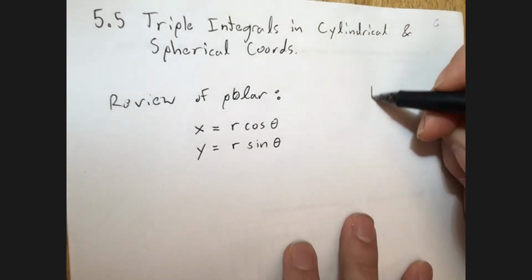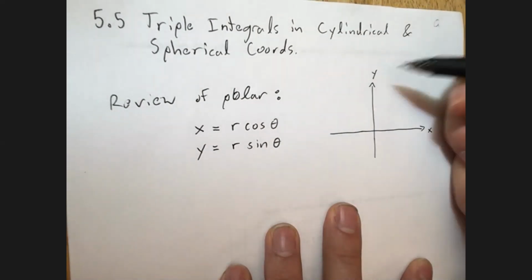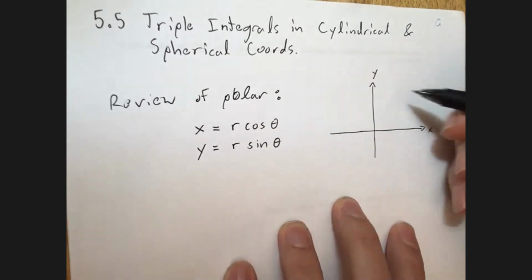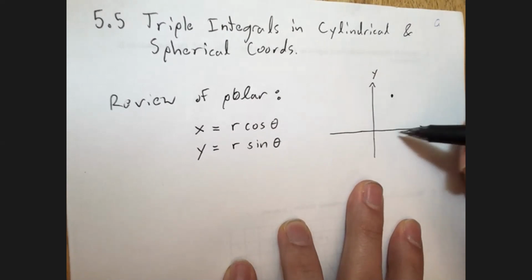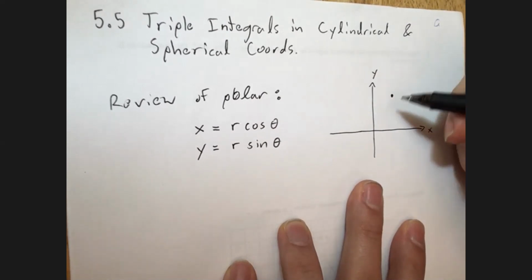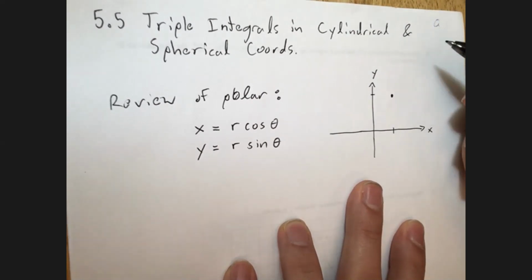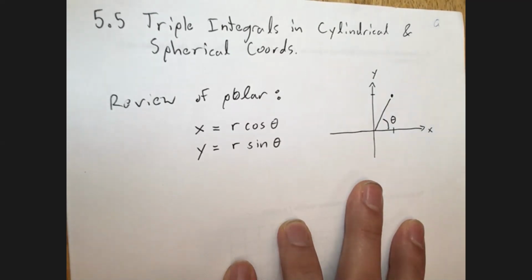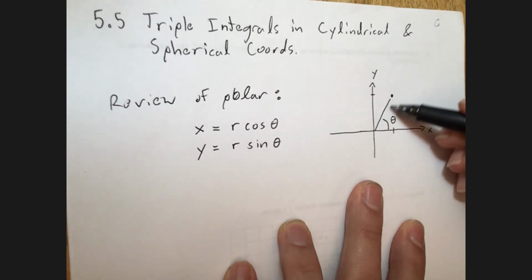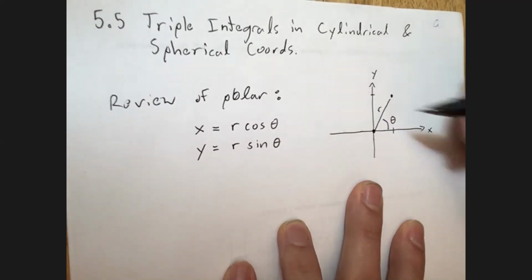What polar coordinates do is they take these rectangular coordinates and specify a different way to identify points in space. If I have this point, the rectangular coordinates would just be x comma y, the distance in the x direction and the distance in the y direction. Polar coordinates specify this point by specifying an angle from the x-axis, that's called theta, and a distance from the origin, that's called r.